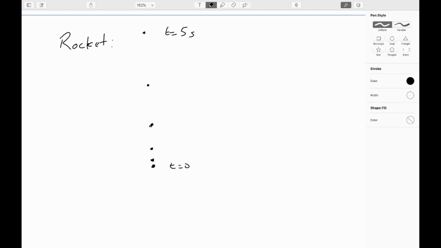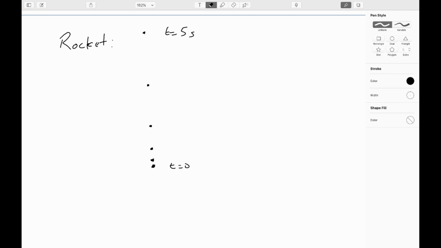Now, with actual real-world rockets, usually what they do is they start curving the motion over to match the Earth's rotation. But for now, let's just say that for some reason we need to launch the rocket straight up. That's what it would look like. Okay.